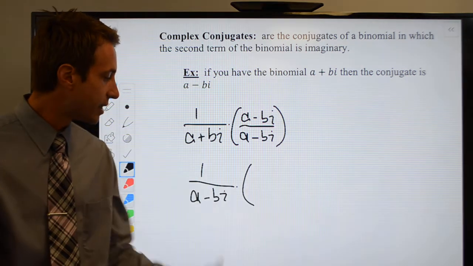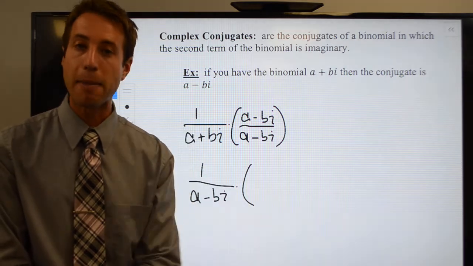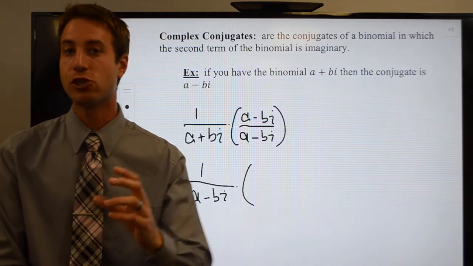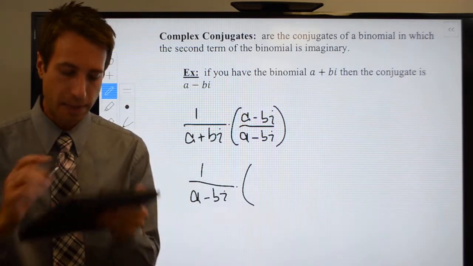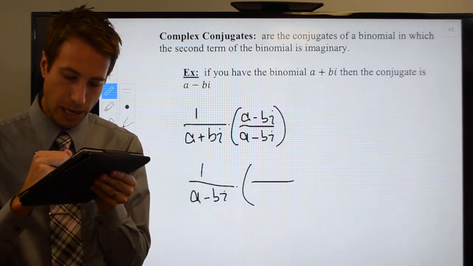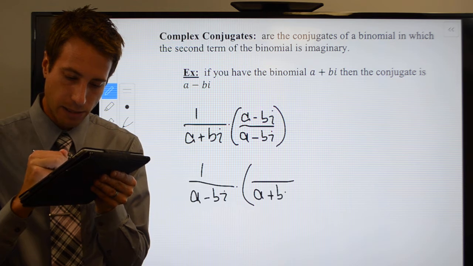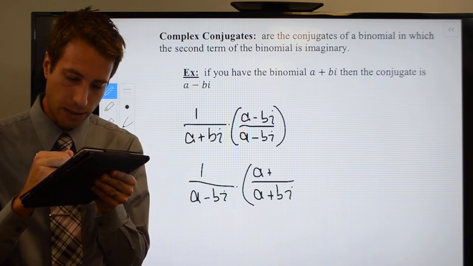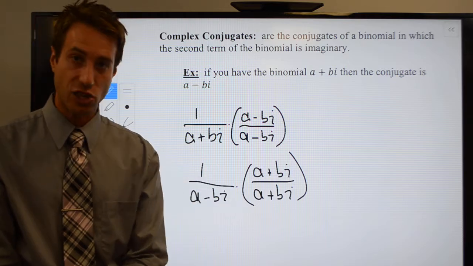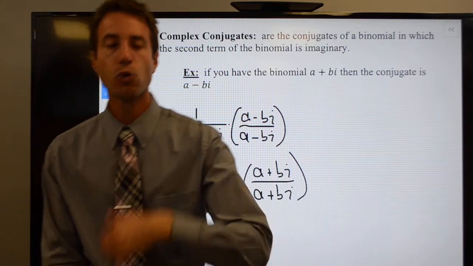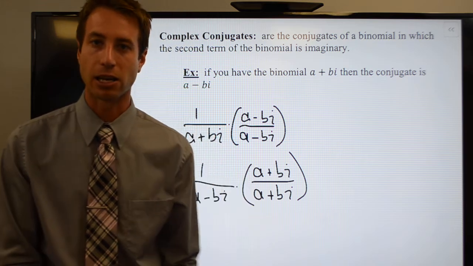To deal with this division, you multiply by the complex conjugate, which means changing the sign of the imaginary part of the denominator. So we multiply top and bottom by a plus bi. That's the way that division of complex numbers is going to work. We'll multiply top and bottom by the complex conjugate.